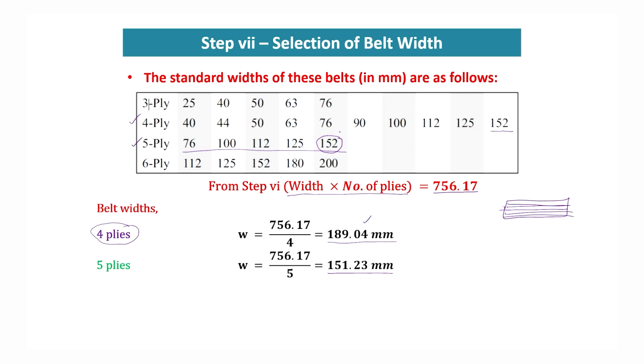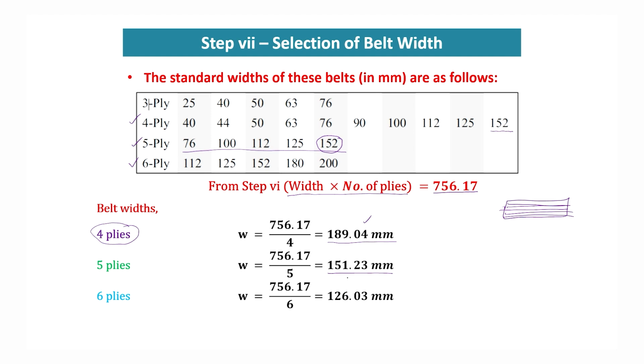But let us see the 6 ply also. For the case of 6 ply, the width is 756.17 divided by 6 and it comes as 126.03 mm. Now, for the 6 ply, the standard widths available are 112, 125, 152, 180 and 200.